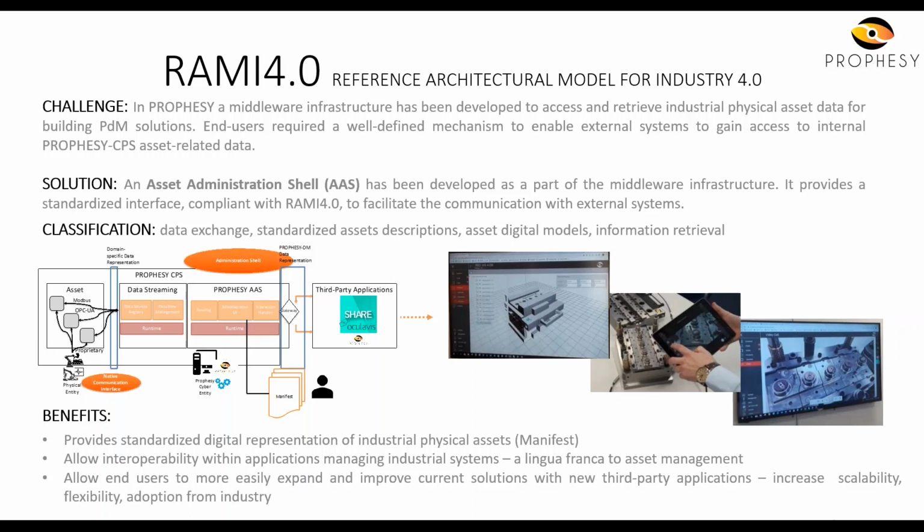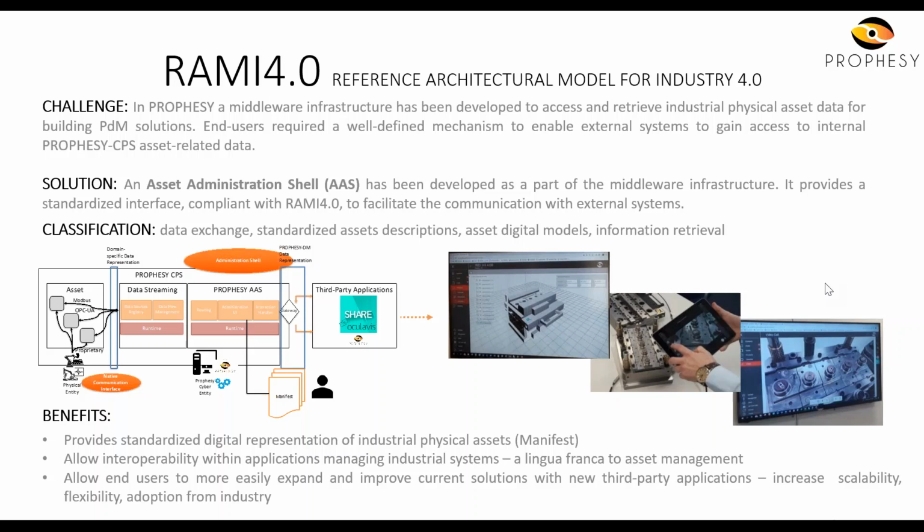So, taking into account this challenge, we decided within ForeSee to implement a component that is the ForeSee Asset Administration Shell component, and this component is actually an implementation of the RAMI 4.0 Asset Administration Shell.